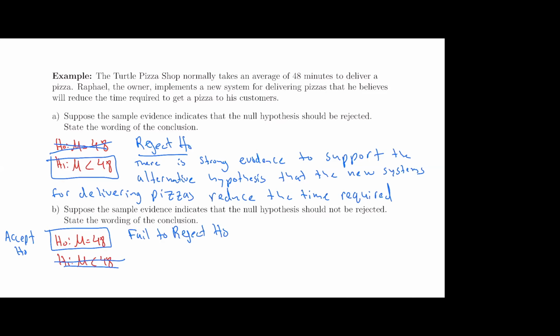Because for H0, we can already prove that the average delivery time for the pizza was 48 minutes. So we really don't care if the null hypothesis is still true, because we wanted to prove that this new system will help reduce the time. Since we failed to reject the null hypothesis, your conclusion will pretty much look the same.